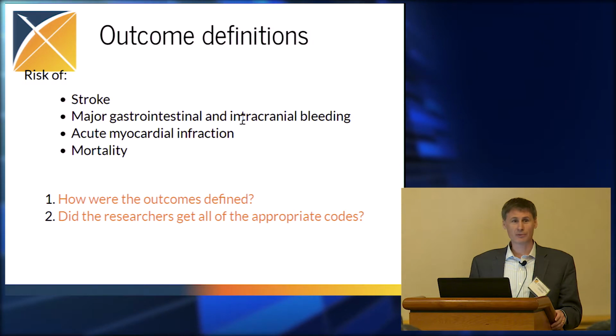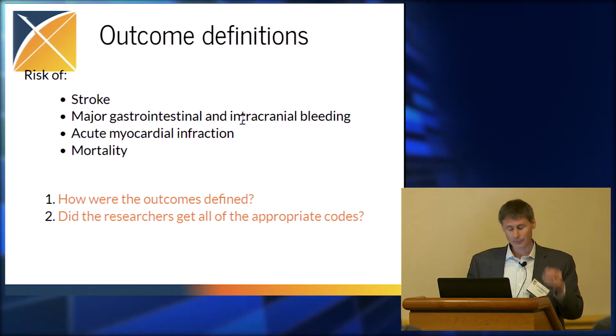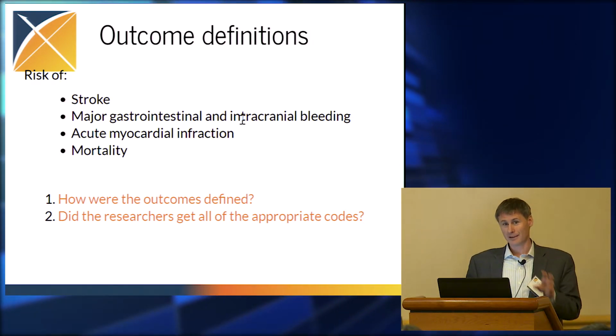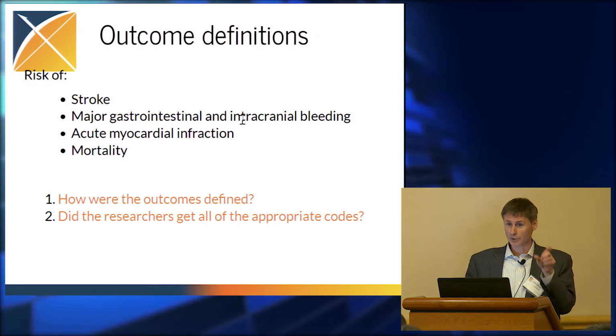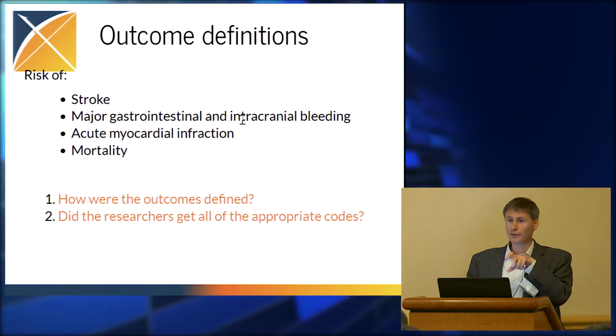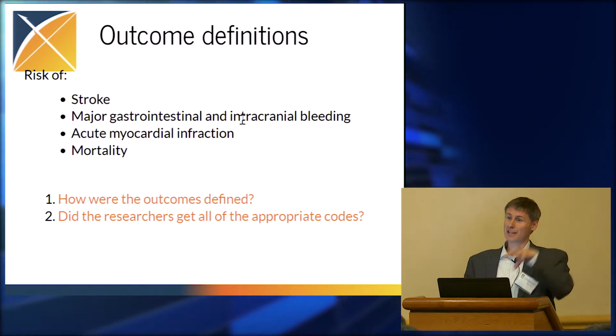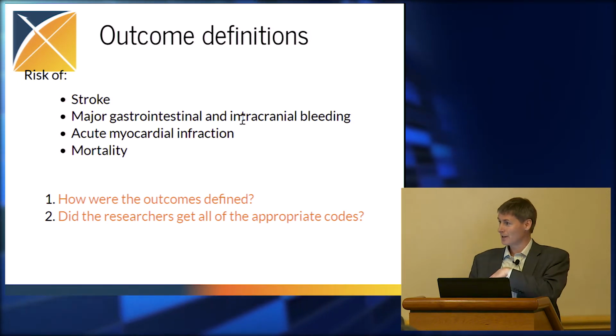Interestingly, they cite some earlier studies, and Marc was saying to me that for these earlier studies, where there's a high positive predictive value for these different outcomes, they actually didn't use the exact same lists from some of these earlier studies.